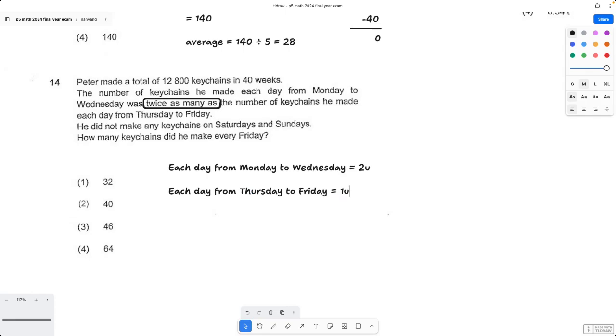So from here, we can say the total in 1 week is equal to 2 units plus 2 units plus 2 units, and then plus 1 unit plus 1 unit.